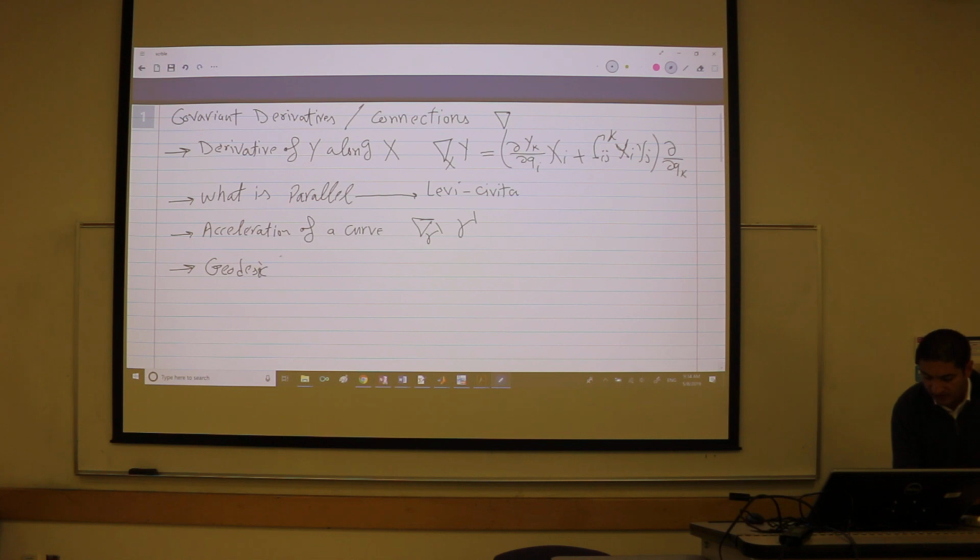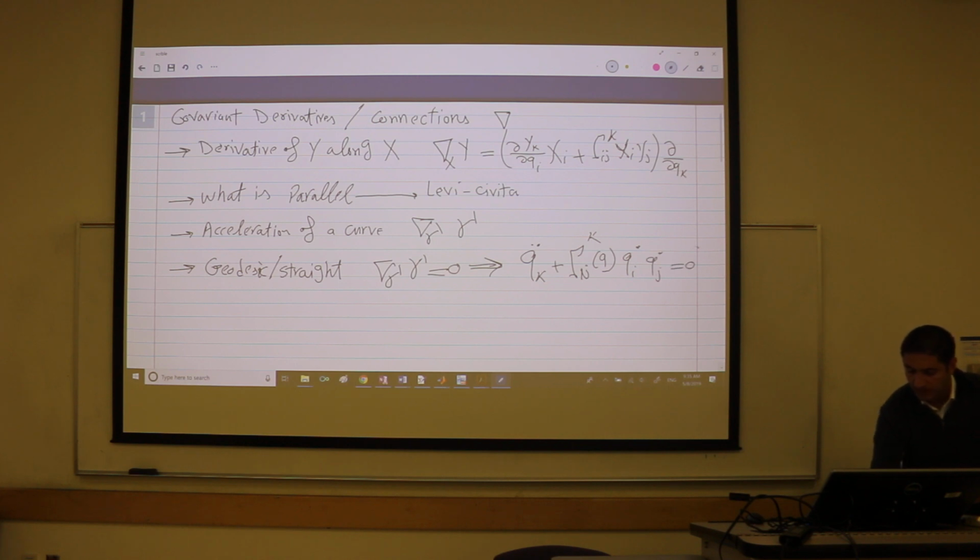What do you mean by a straight line on a curved space? It's a curve with zero acceleration. So nabla gamma prime is zero, and this equation we can write in coordinates as a second order differential equation. This is what we did last time. If you have any question, please stop me.